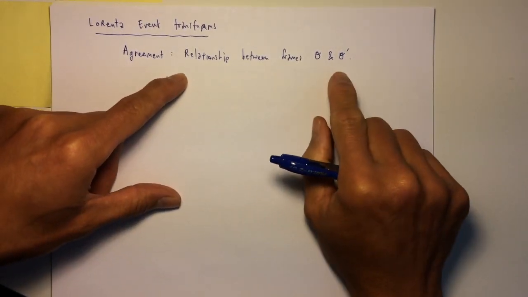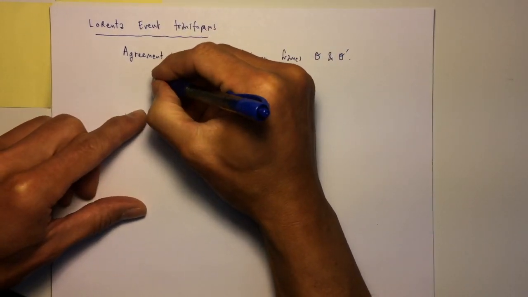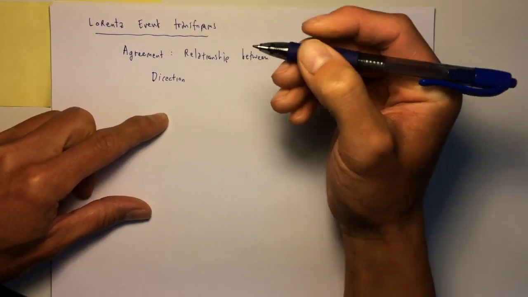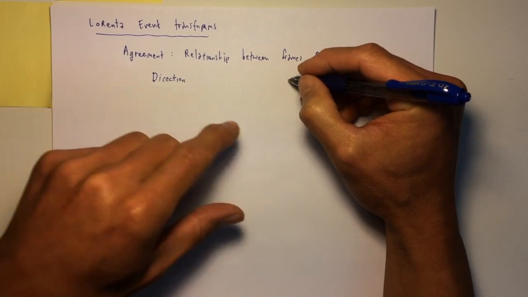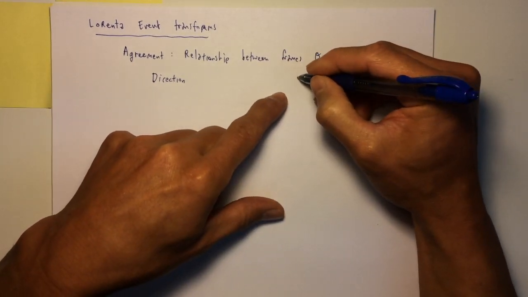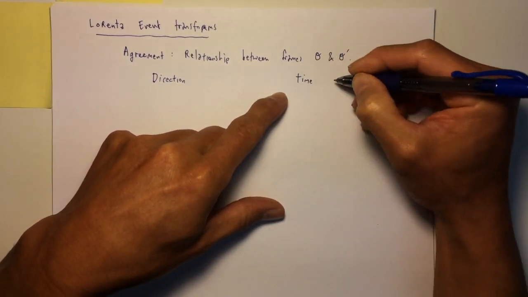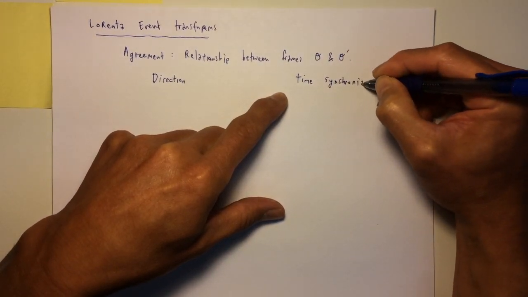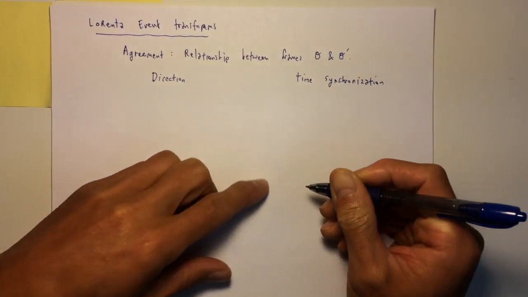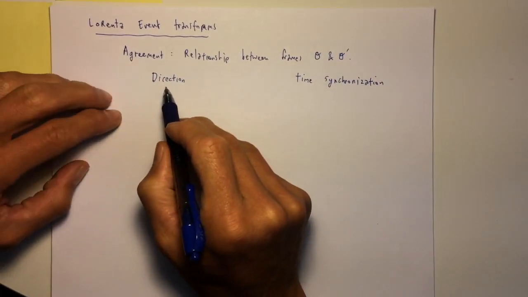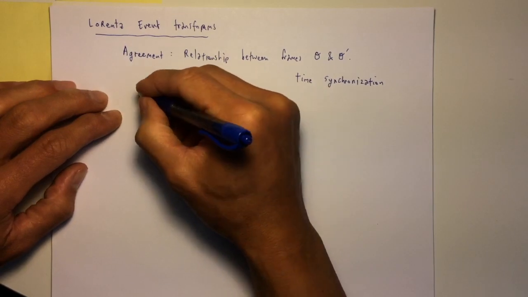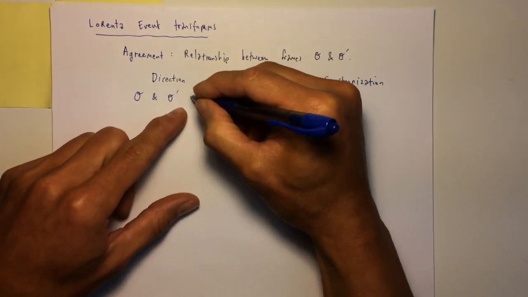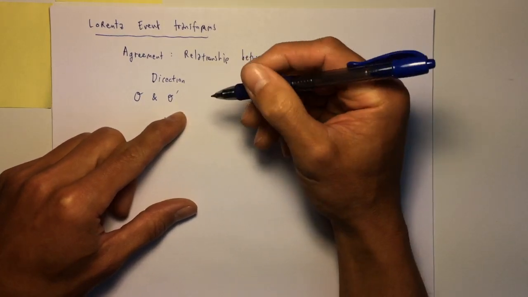So the relationship is our agreement needs to deal with direction, and it also needs to deal with a time synchronization. So for direction, what we'll do is O and O prime actually share the same directions.